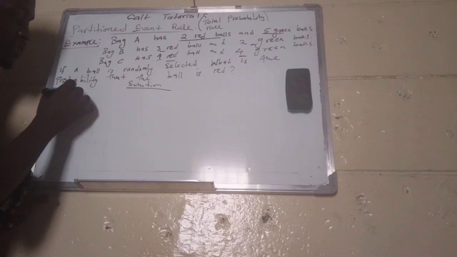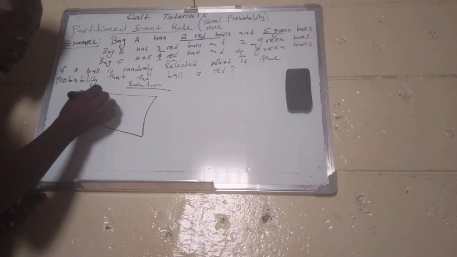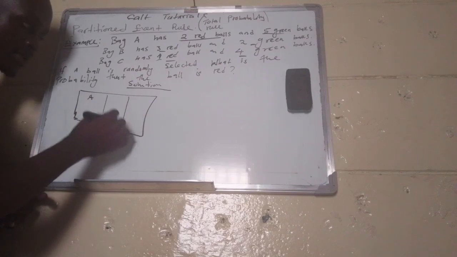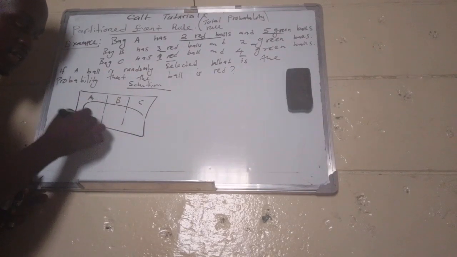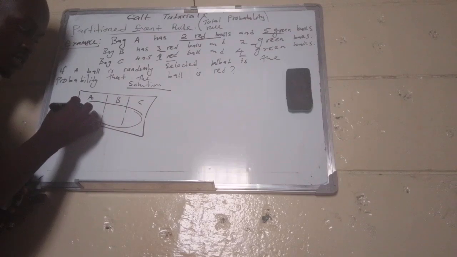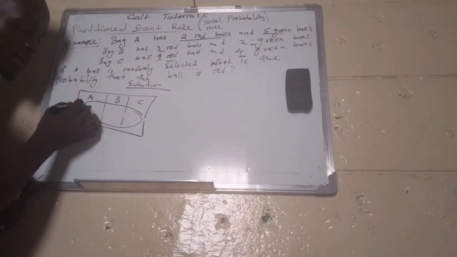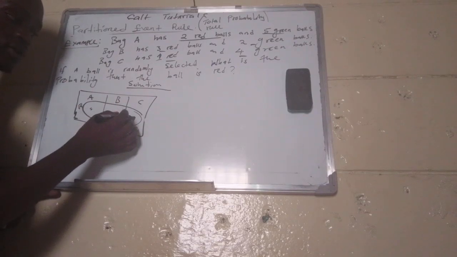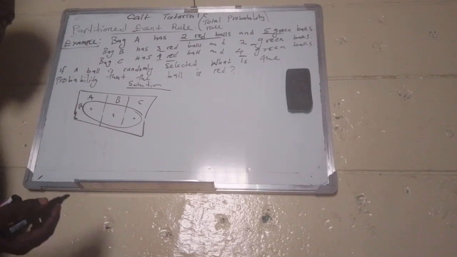So if I'm talking about the total sample space, it has been divided: there is bag A, bag B, and bag C. If this is an event of red, then there's a possibility that I can pick a red which is in A, or in B, or in C. So how do I find the probability of red?